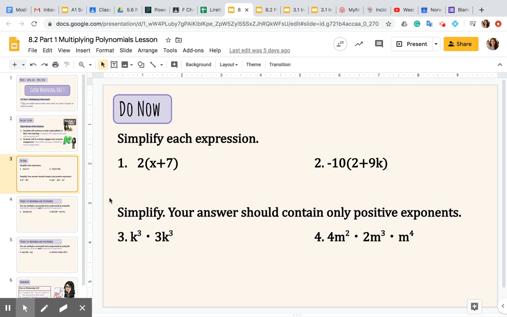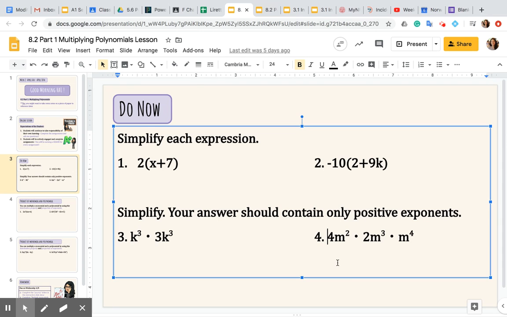What I'd like to start by doing as an introduction to this lesson is something that you should be able to do. In fact, I encourage you to pause the video and give these a try on a piece of paper. For questions 1 and 2, I just want you to use the distributive property to simplify. And for questions 3 and 4, I should probably space this out a little bit.